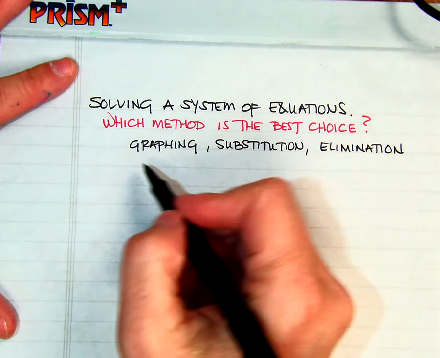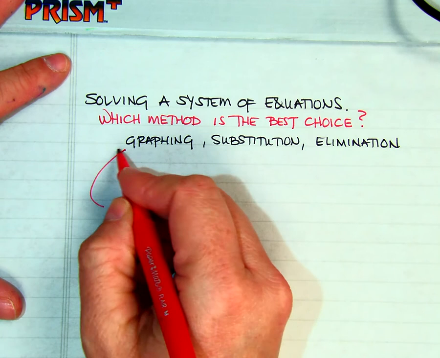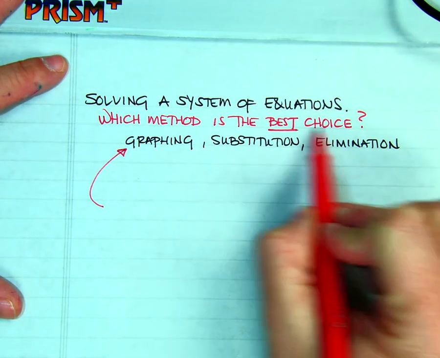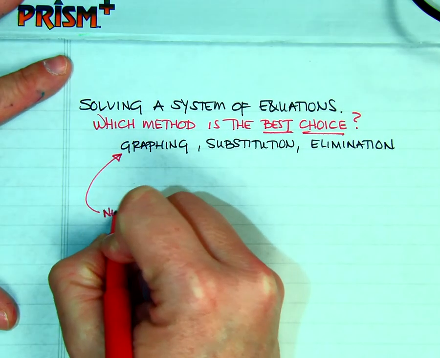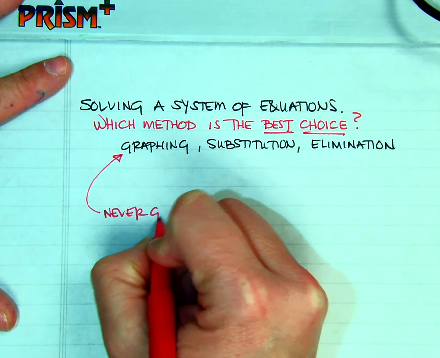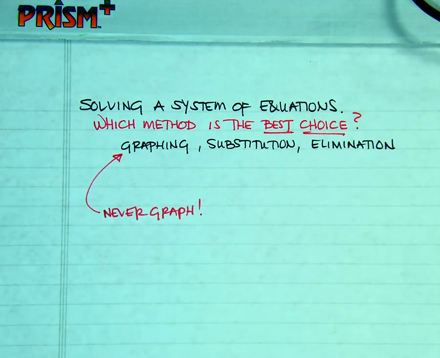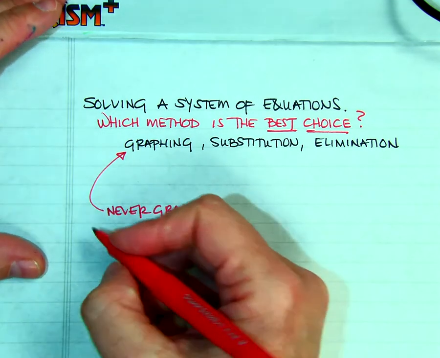So we are going to look at when we would solve by graphing. If you have a choice, I would never graph, unless the directions say that you have to graph.